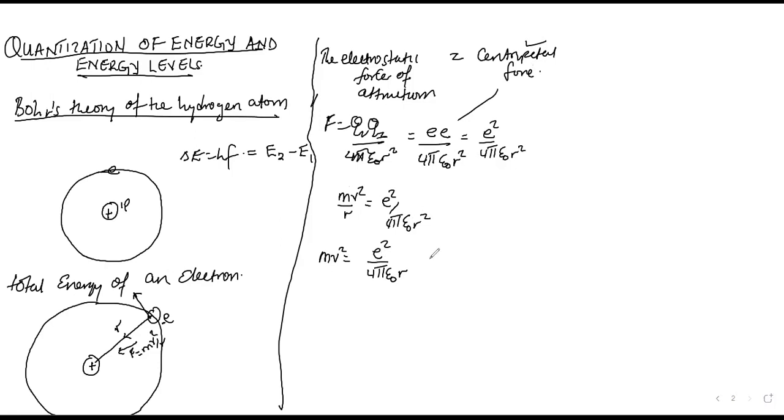Then I introduce a half on both sides. I'll get a half of mv squared is equal to E squared out of 8 pi epsilon r. And this can be equation 1. This is the kinetic energy of the electron as it revolves around the nucleus of the atom.